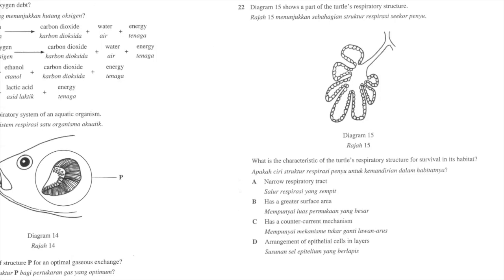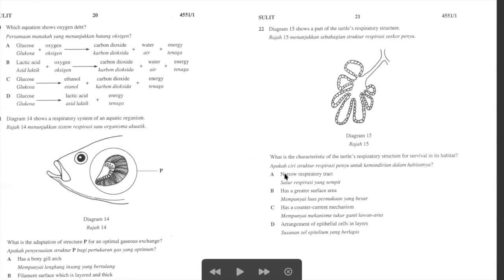To increase the gases exchange. Maksudnya bila berlaku counter current mechanism, oksigen dan carbon dioxide tu boleh bertukar. Okay, maksudnya oksigen masuk ke dalam blood capillary. Carbon dioxide keluar daripada blood capillary. So this can increase the efficiency of gases exchange. Boleh faham? The arrangement of epithelial cell in the layer. Ini tak ada kaitan. Okay.